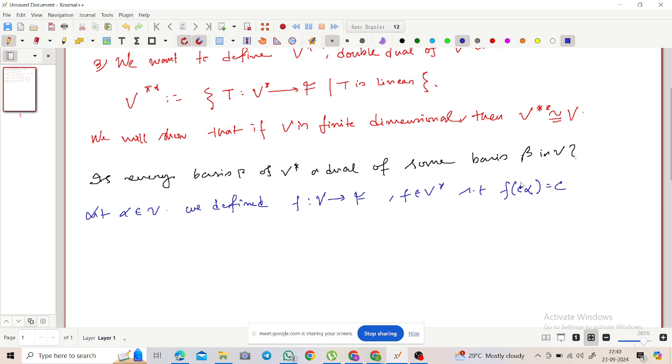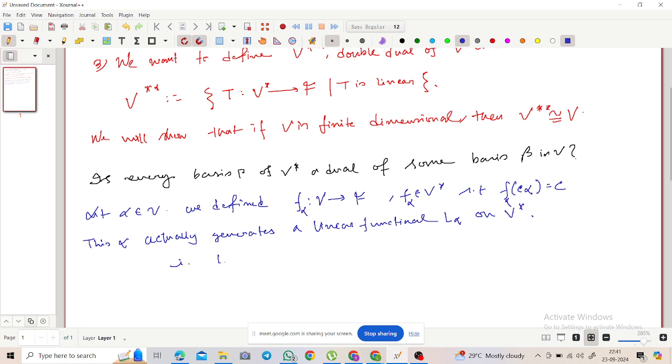But this alpha actually generates a linear functional L alpha on V star.